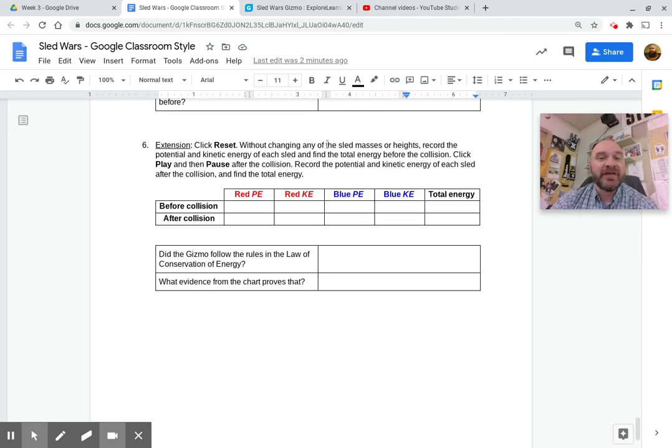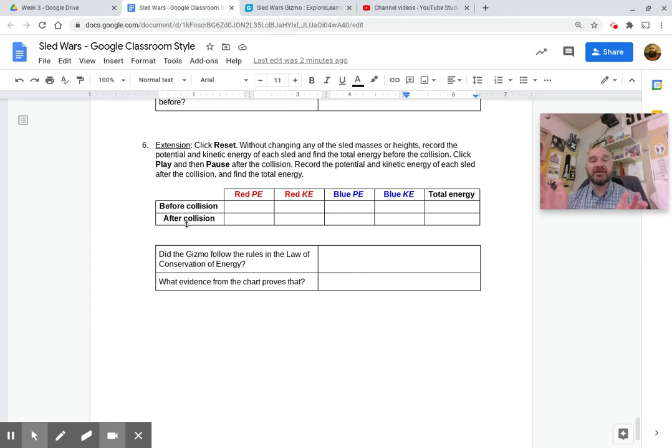All right. And then finally, click reset. So you are still using trial 3's settings. Record the potential and kinetic and find the total energy. So red potential energy, red kinetic energy, blue potential energy, blue kinetic energy. Add them all up. You're going to add up all 4 of these for this one's total energy.